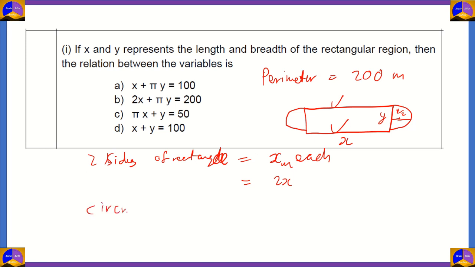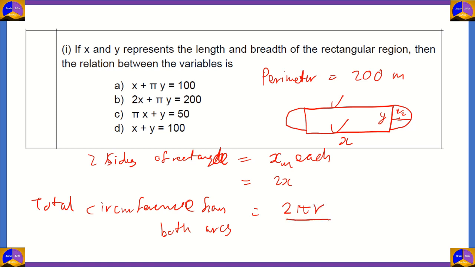The total circumference from both arcs is 2 pi r divided by 2 into 2. So you have 2 pi, and then the radius here is given as y by 2. So we have 2 pi y by 2 as the total circumference from both the arcs. And the length contributed by the sides is 2x.